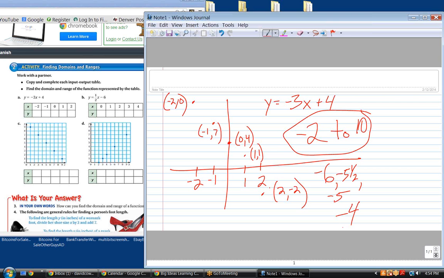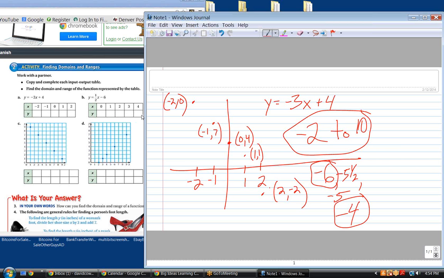So I can say the range is from -6 to -4. In other words, it'll go -6, -5.5, -5, -4.5, -4. So the range of the Y values is -6 to -4. That's it. It can't be less than -6. It can't be bigger than -4.